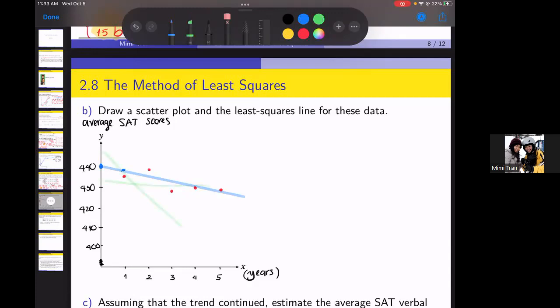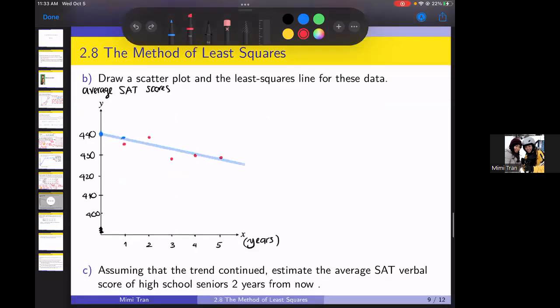I look at the y-intercept. But don't forget to label your axes.